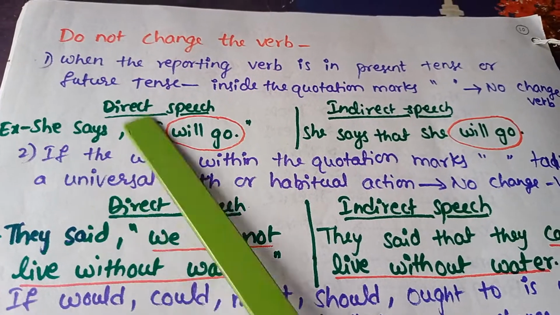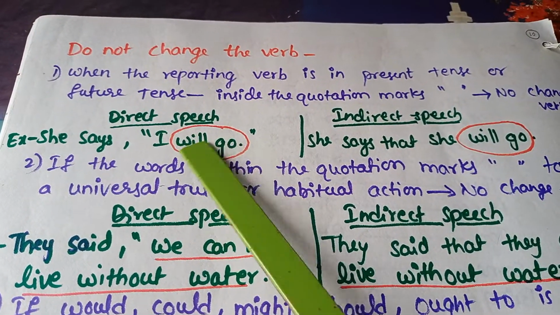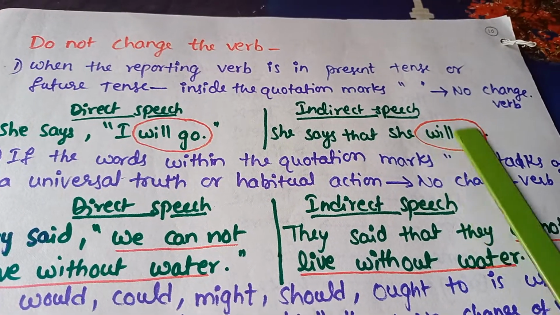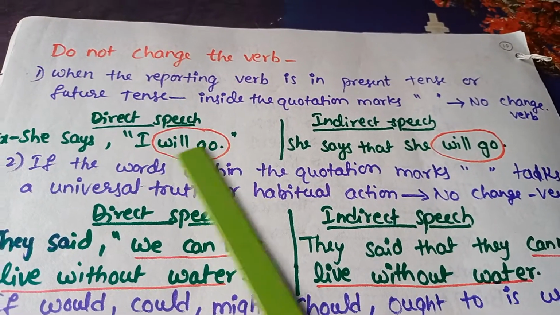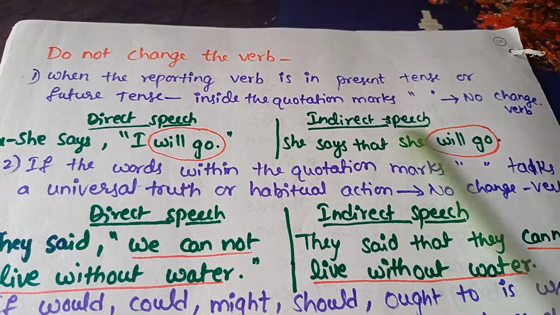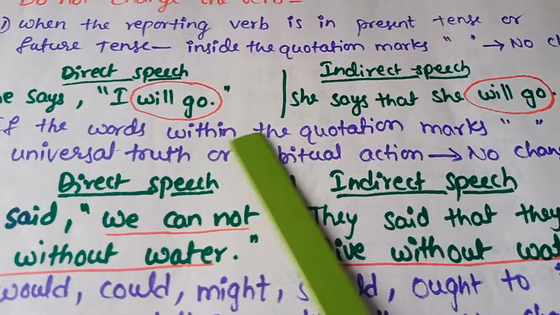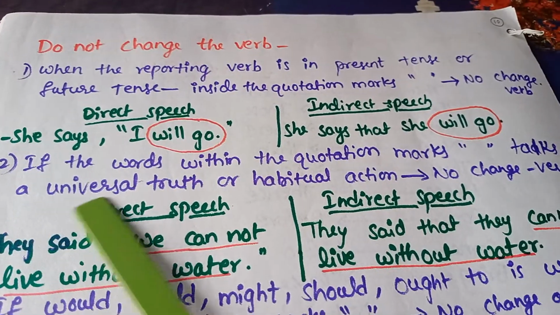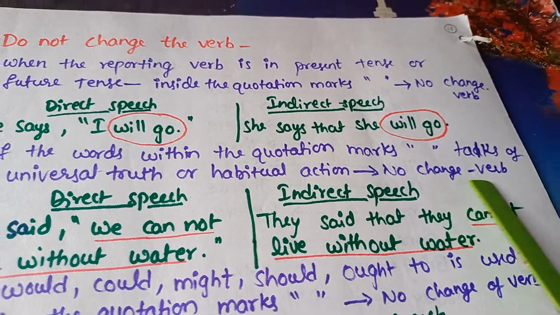Now come to point 1. This is in future tense, so we should not change the verb within the quotation marks. In indirect speech also, we write it as it is in the direct speech. Next, second model: if the words within the quotation marks talk of a universal truth or habitual action, there will be no change of verb.